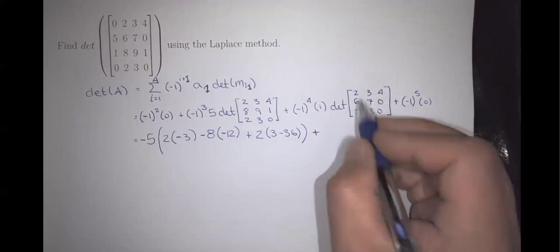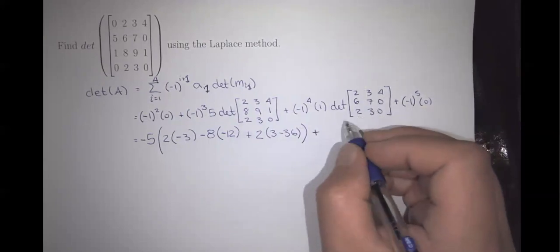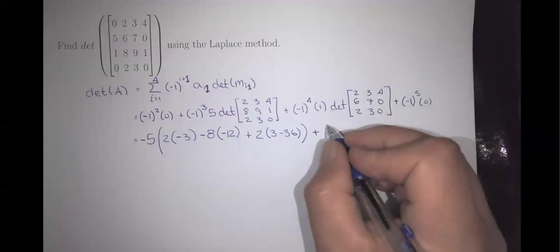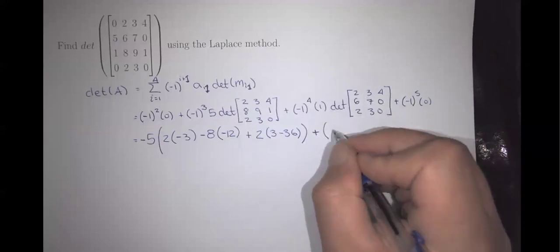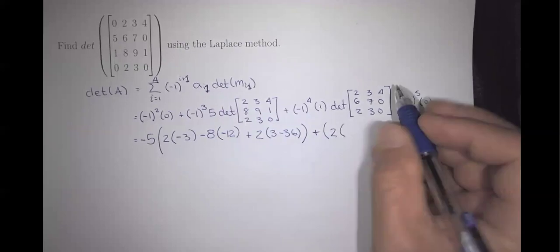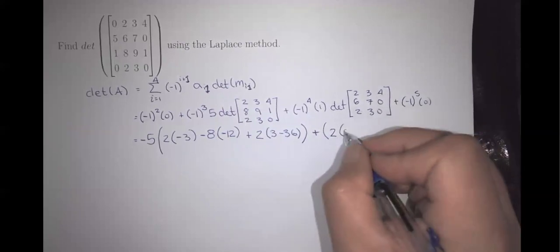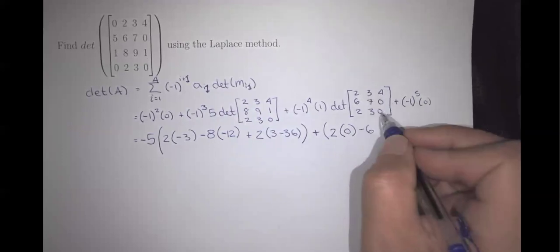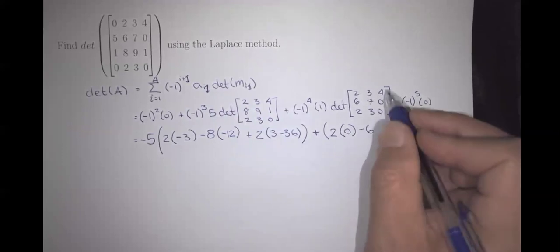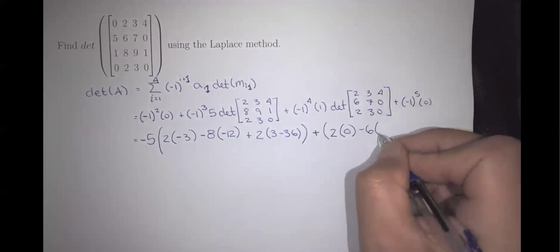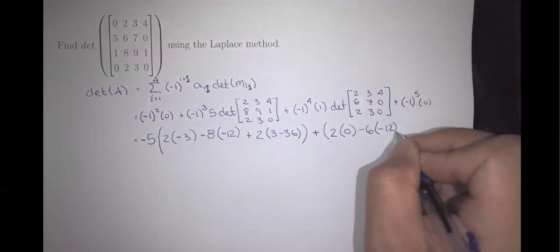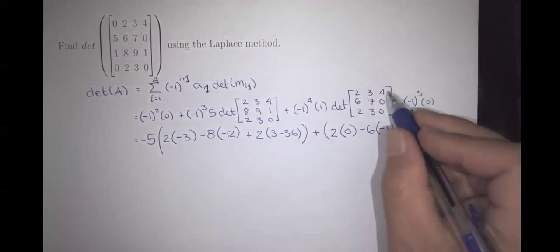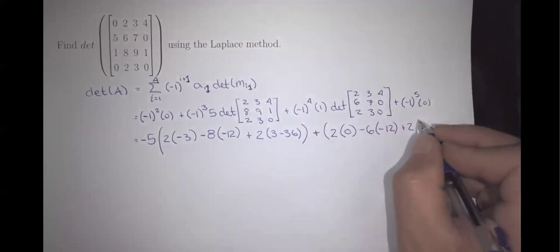Maybe I won't. I'll stick with column 1 because I've been doing column 1 the whole time. So I've got plus 2 times 0 minus 0, minus 6 times 3 times 0 minus 12, plus 2 times 0 minus 28.